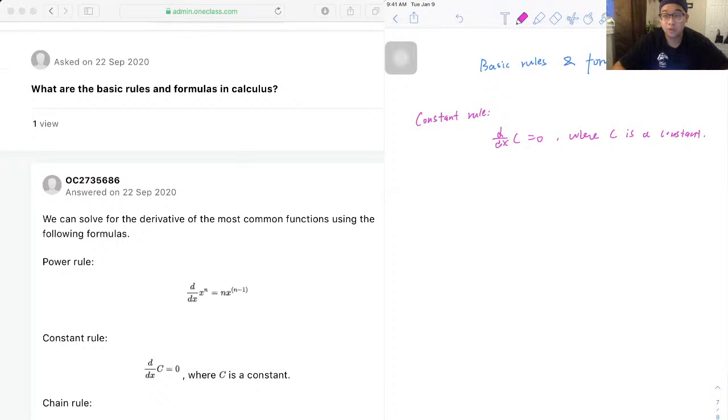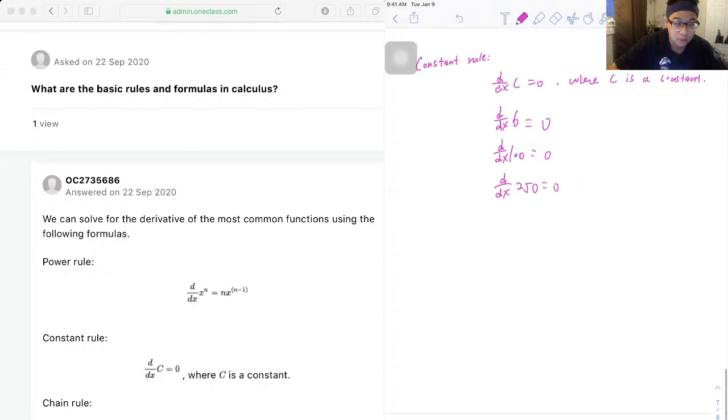Some examples: the derivative of 6 is still going to be 0, the derivative of 100 is still 0, and the derivative of 250 is equal to 0. As long as we're taking the derivative of a constant, it's going to be equal to 0. So that's the first basic rule.